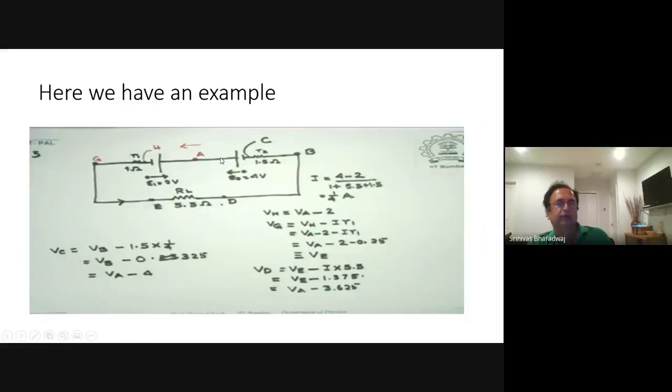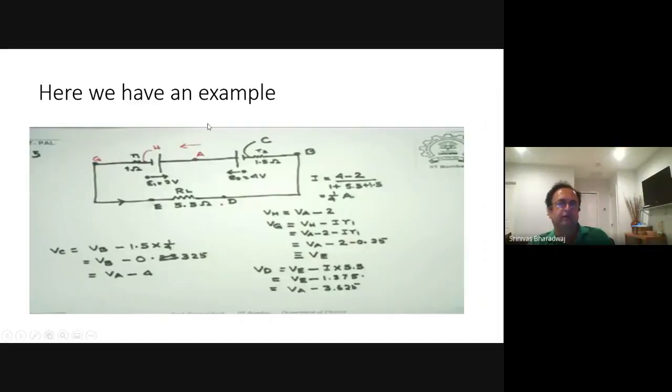So you go this way, it is a plus. Then you go this way, it is a minus. Plus 4 minus 2 minus I times 1 minus I times 5.3 minus I times 1.5, right, equals 0.